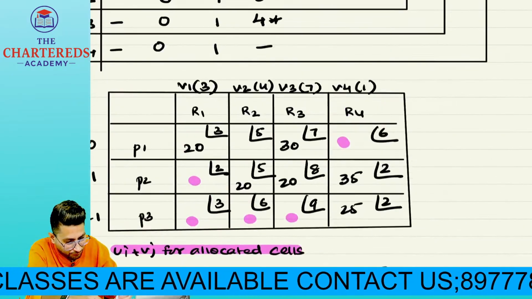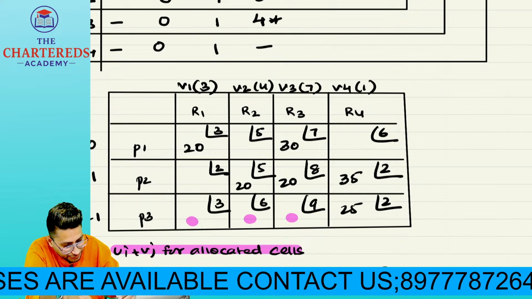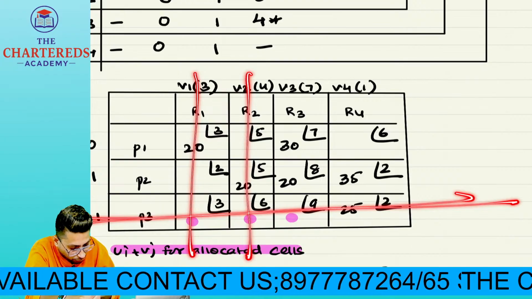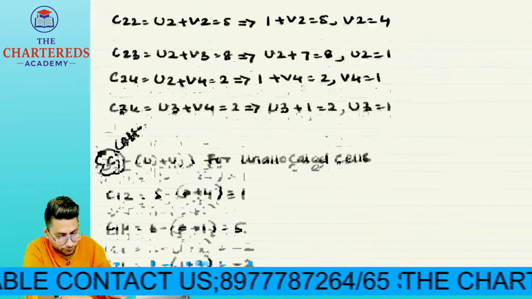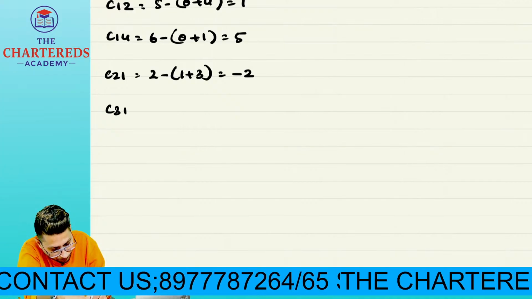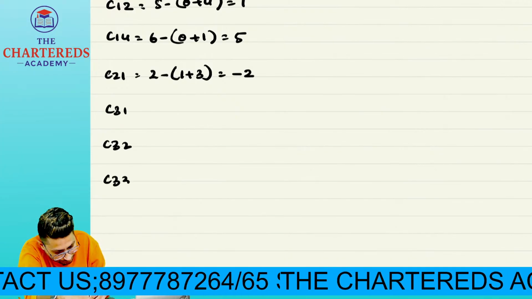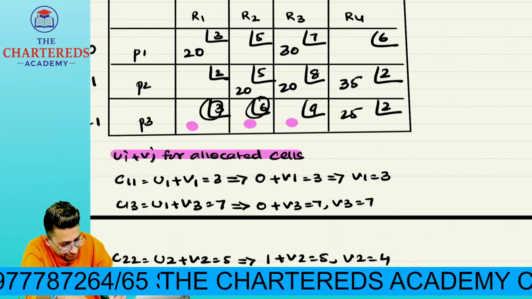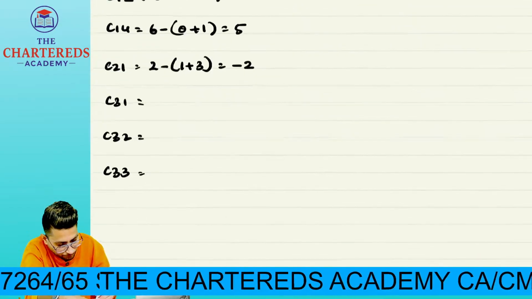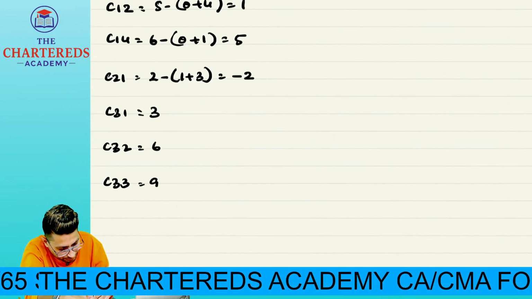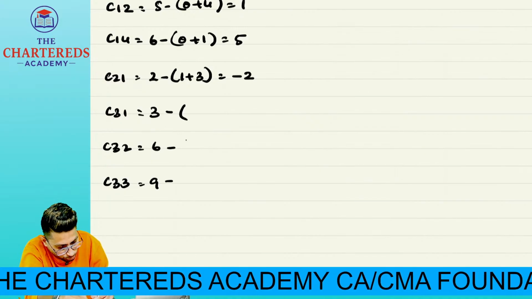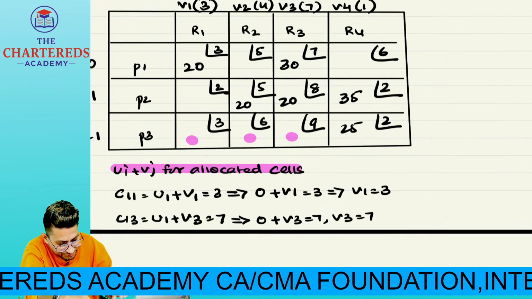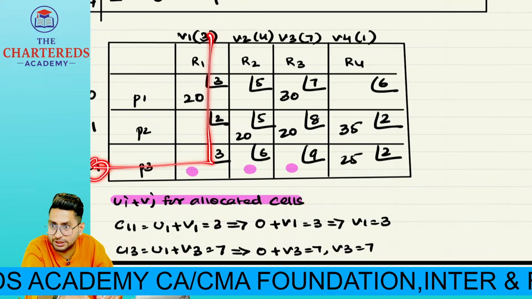Next, this one is also done. The next unallocated cells are third row first column, third row second column, and third row third column: C31, C32, C33. The cost of C31 is 9. 9 minus ui plus vj. What is ui? 1. vj is 3. 1 plus 3.